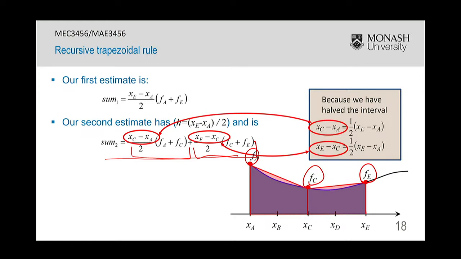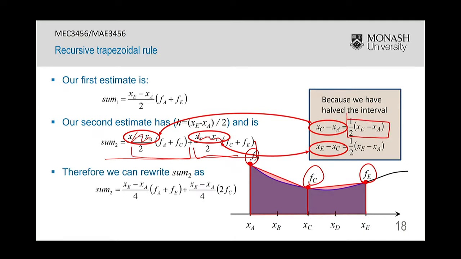Therefore, we can replace these terms here with 1/2 xe minus xa, and if you care to do this, it's not pretty hard to show that the sum for the two segment trapezoidal rule is equal to xe minus xa on 4 multiplied by the function value at a plus the function value at e, plus xe minus xa on 4 multiplied by twice the function value at the center point.